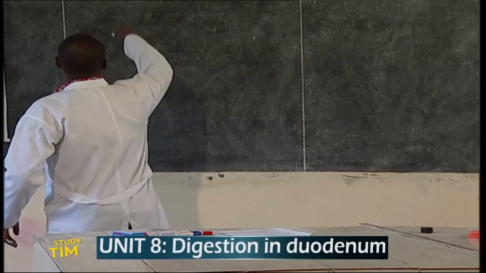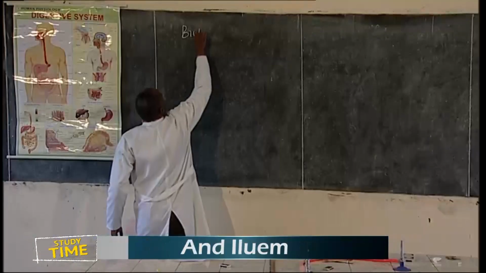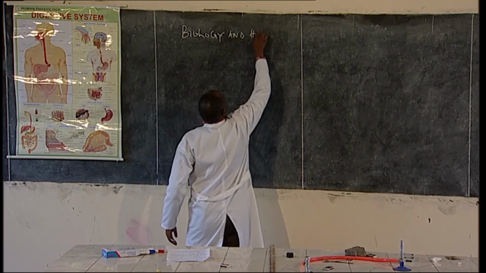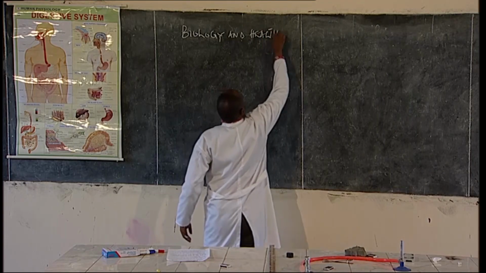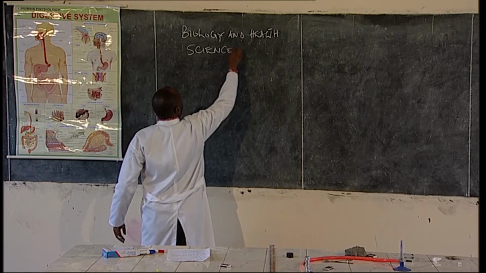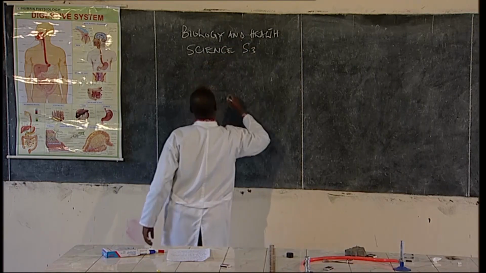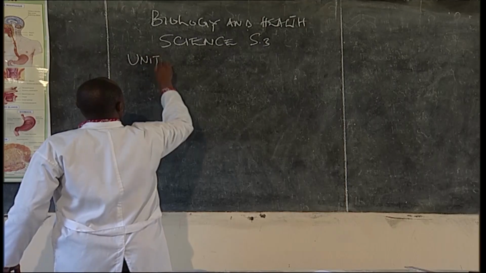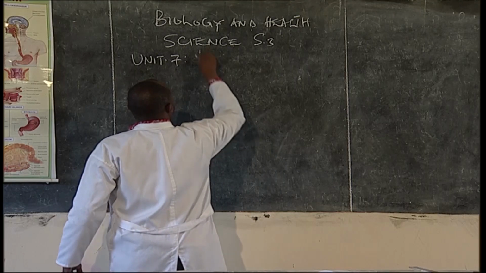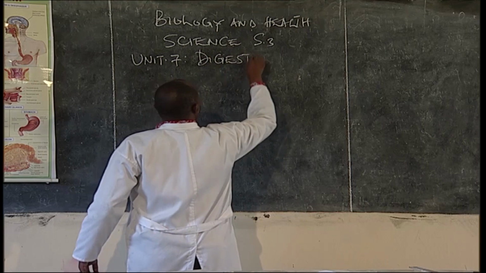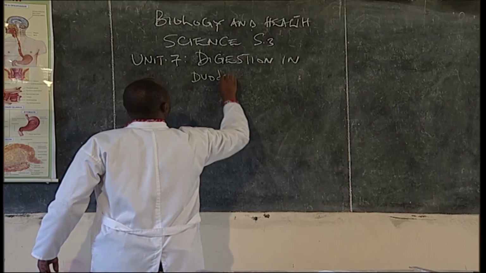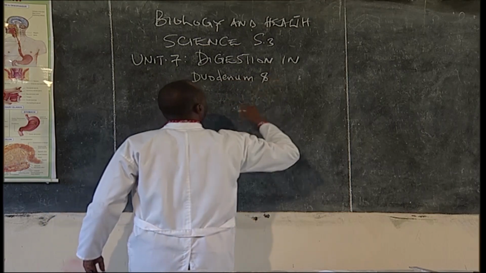So the lesson is biology and health science, Year 3, Unit 7, concerning digestion in the duodenum and ileum.